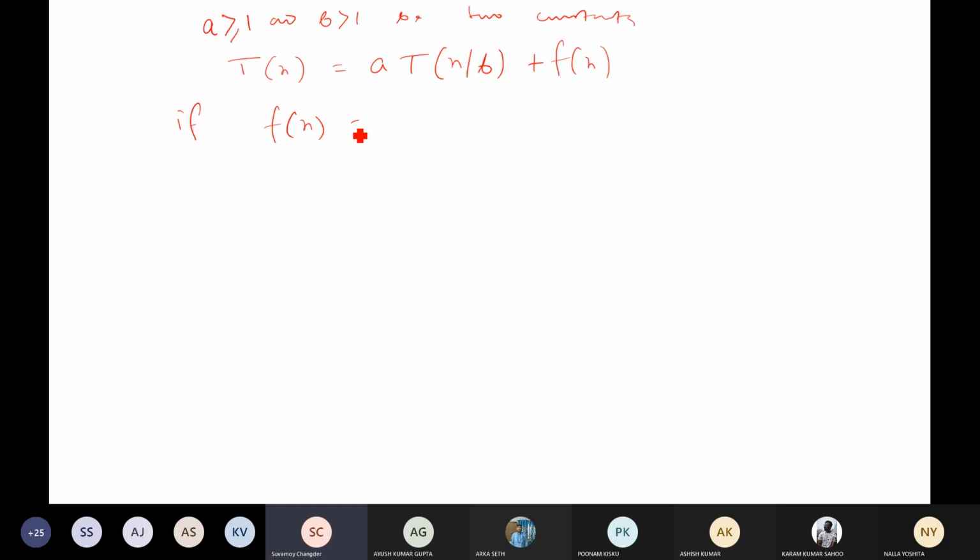So the master theorem says that a greater than or equal to 1 and b greater than 1 be two constants, then if T(n) can be written as aT(n/b) + f(n), then if f(n) can be bounded as big O of n to the power log a base b minus epsilon, then T(n) can be bounded as theta of n to the power log a base b. Okay.